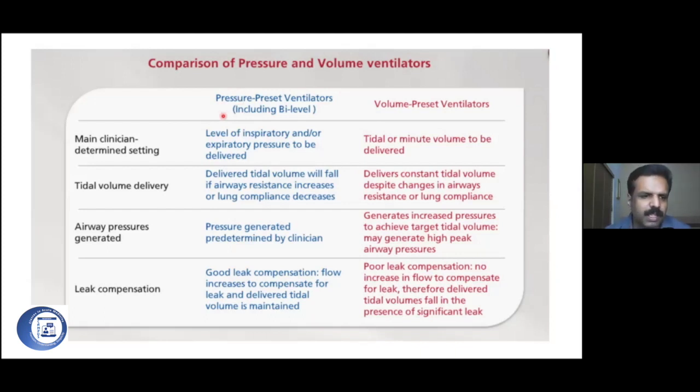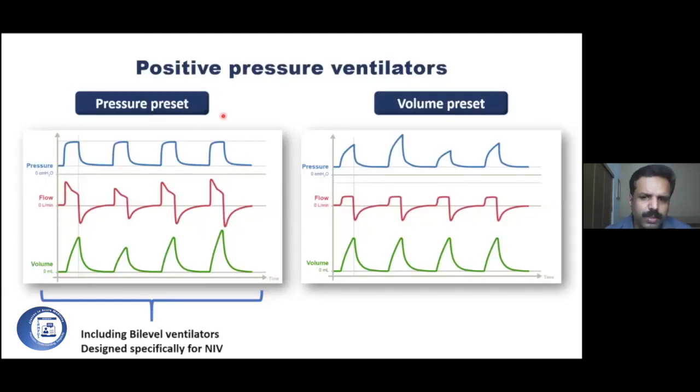Here you can see the initial part, there's a peak flow. The peak flow is very high here, but in volume, the peak flow is not that good. So that day during the discussion, Dr. Kiran was mentioning, when the patient is having significant air hunger or air requirement, the pressure preset ventilators will be better because you have a rapid flow in the initial part.